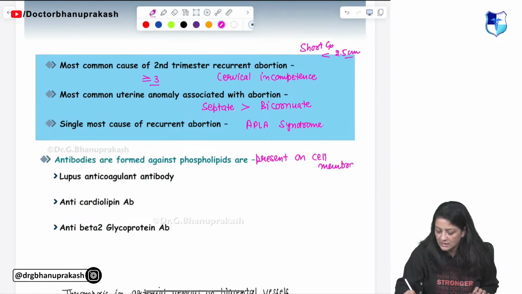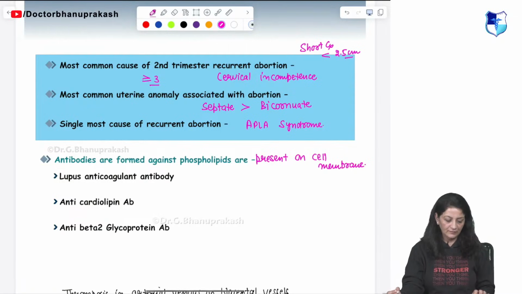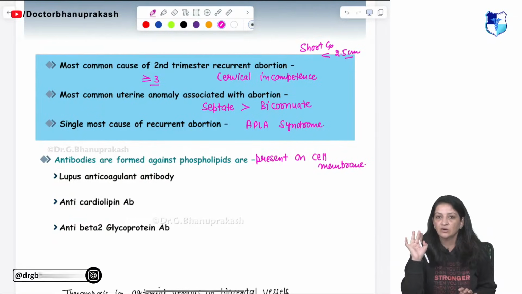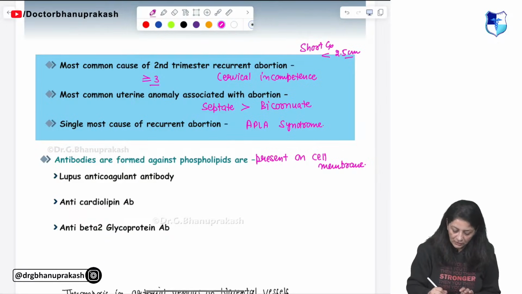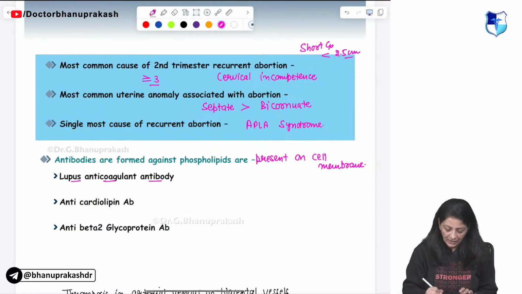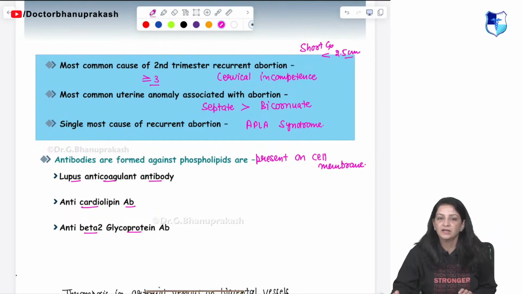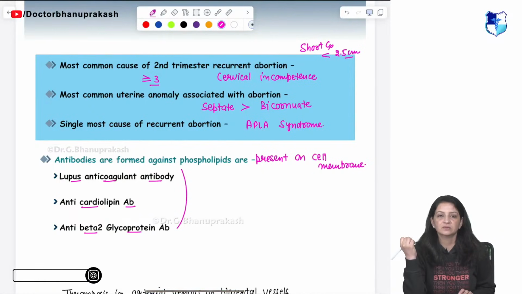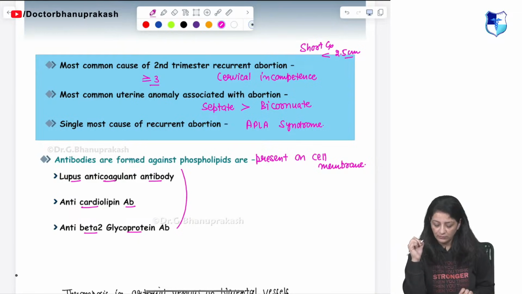In APLA syndrome, there is formation of 3 types of antibodies: first, lupus anticoagulant antibody; anti-cardiolipin antibody; anti-beta-2 glycoprotein antibody. These are the main 3 antibodies present in APLA syndrome.